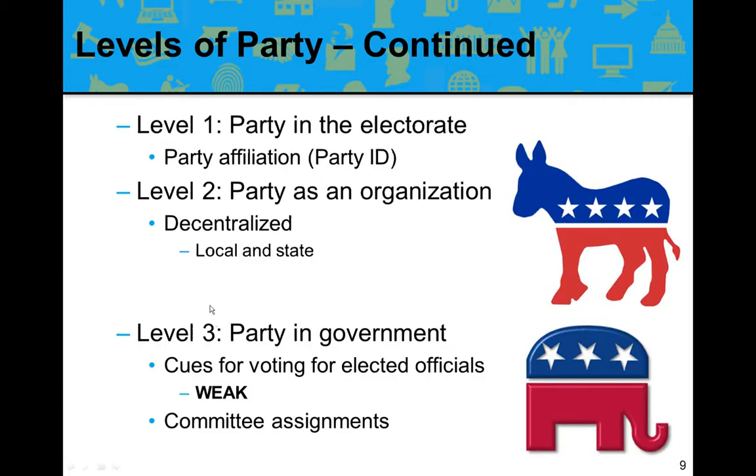And then third, there's the party in government. So once you elect your representatives or senators, they go off to Washington. The party is important to that particular elected official for two reasons. First, it gives them a cue for how they're supposed to vote on certain issues.